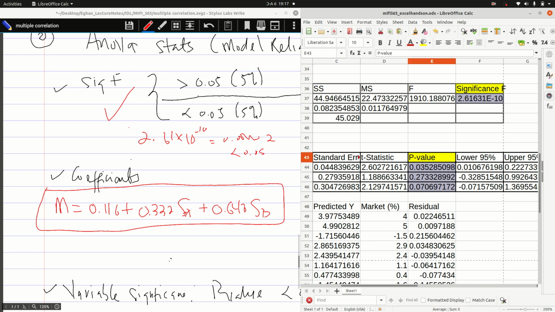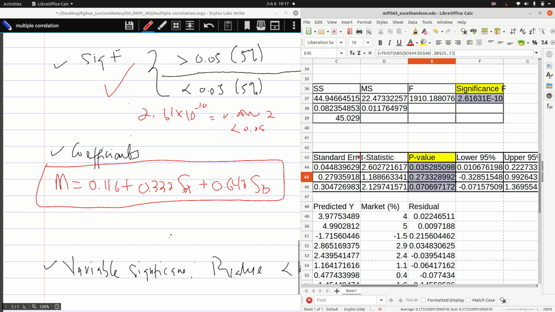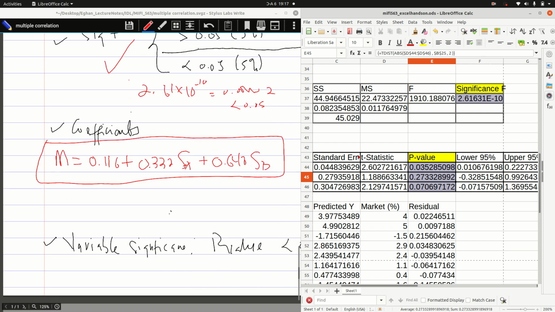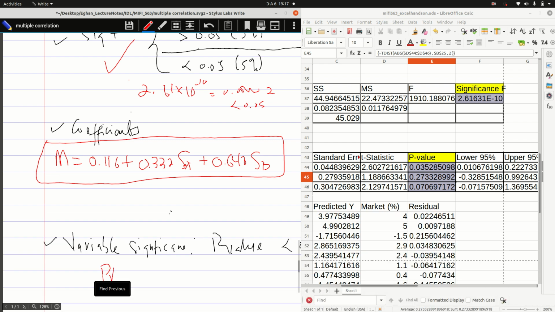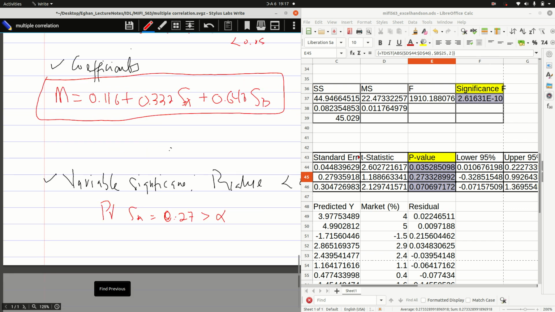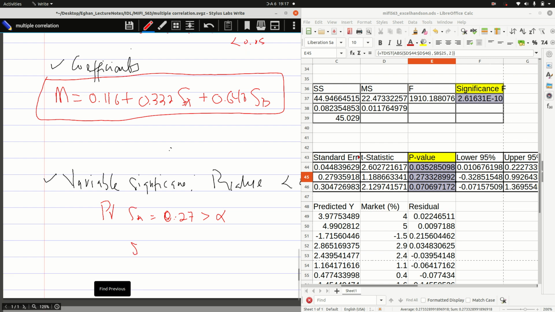Stock A: the p-value of stock A is 0.27. This is greater than the alpha value, which is 0.05 confidence interval. So it means stock A is not actually contributing to the market value, but stock B has a p-value of 0.07. This is less than the alpha.